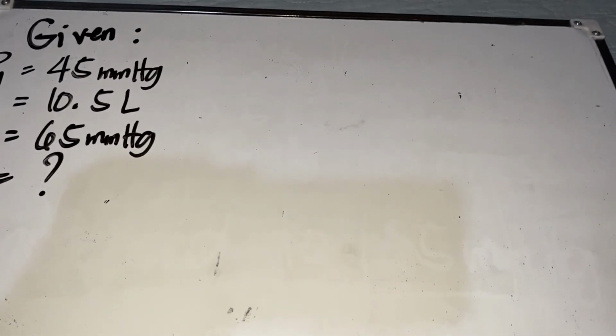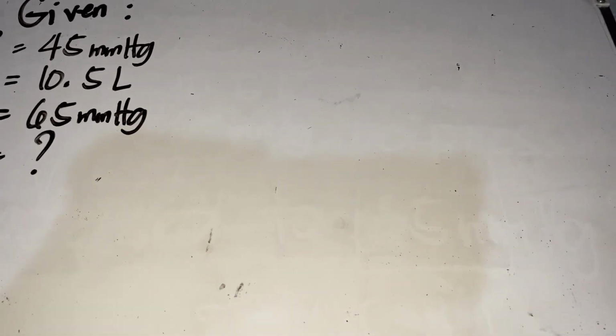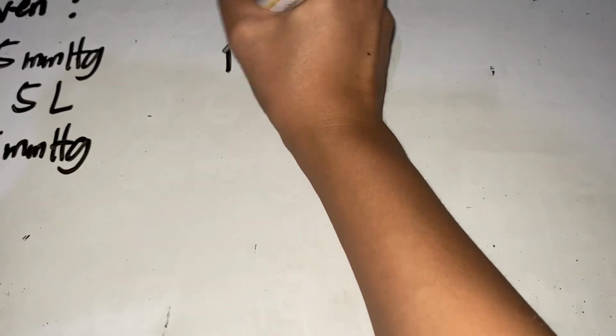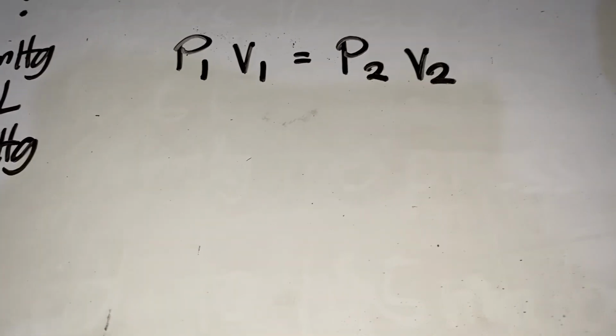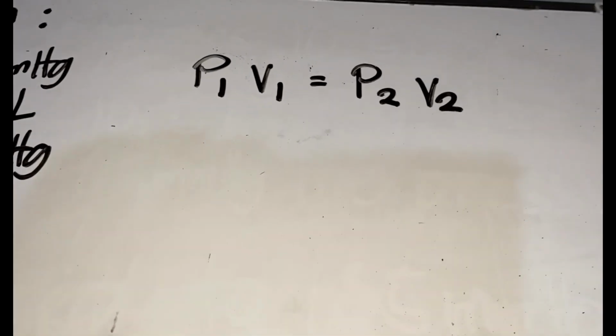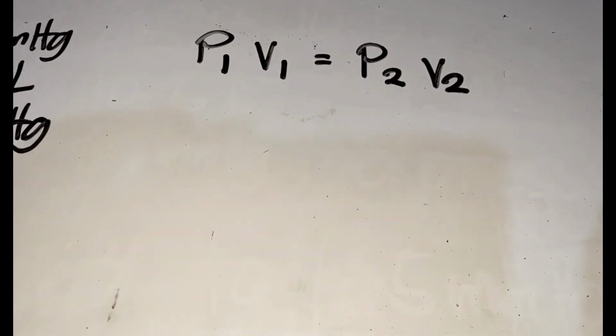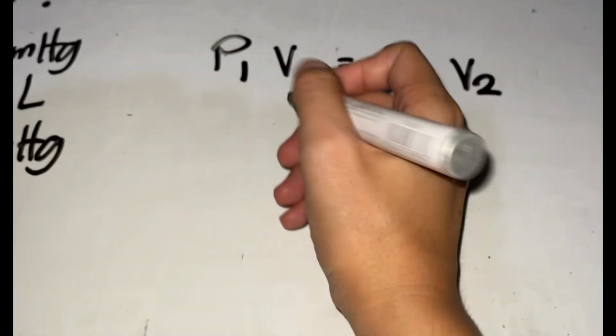Now that we have already identified our given data, we can now proceed with the main formula, which is P1V1 is equal to P2V2. Next, let's substitute the value of P1, V1, and P2.